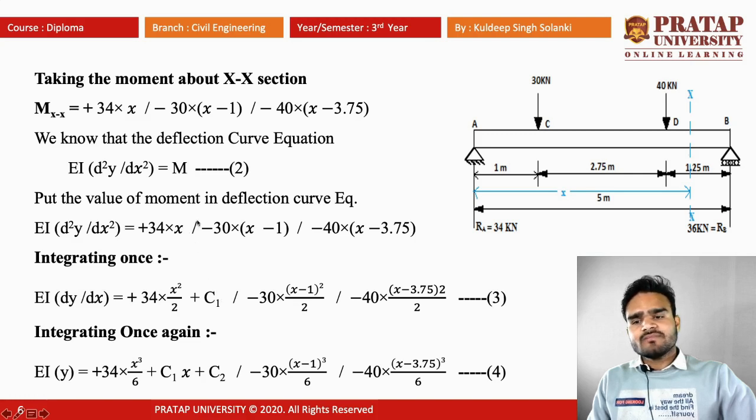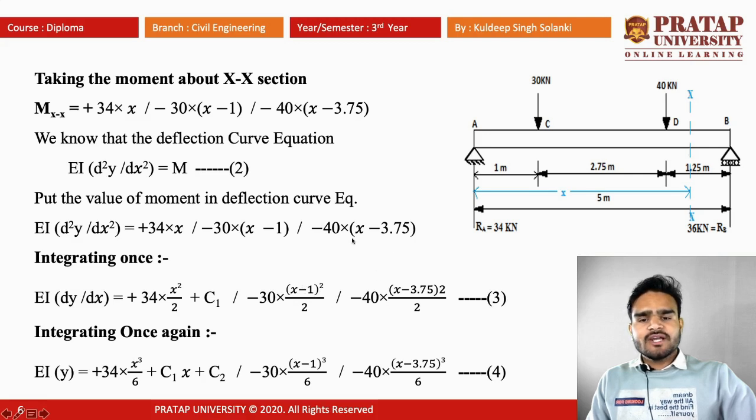Separated by an oblique, minus 30 times the integration of (x − 1). Consider this whole term as x; the integration of x is x²/2, but it is not x, so put in the value: (x − 1)²/2.